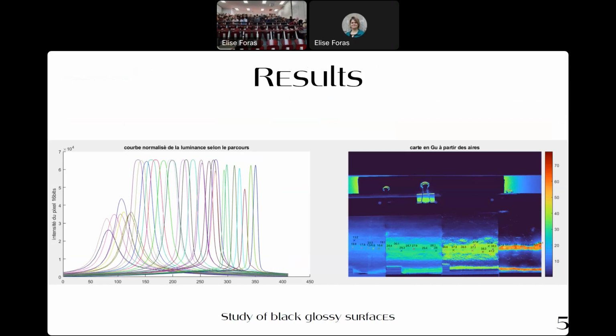Another problem, which is not shown here, is the interdependence of gloss and color, because for two samples with theoretically the same gloss unit, if they have a different color, they will not appear the same. They will not have the same glossiness.